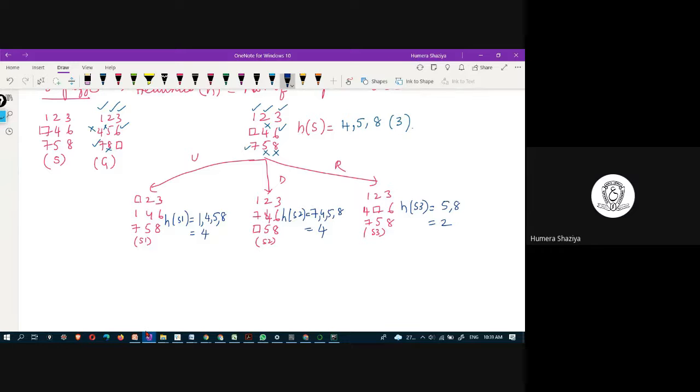Here comes the significance of heuristics. Can anyone tell me how heuristic plays a role? What does heuristic do here?